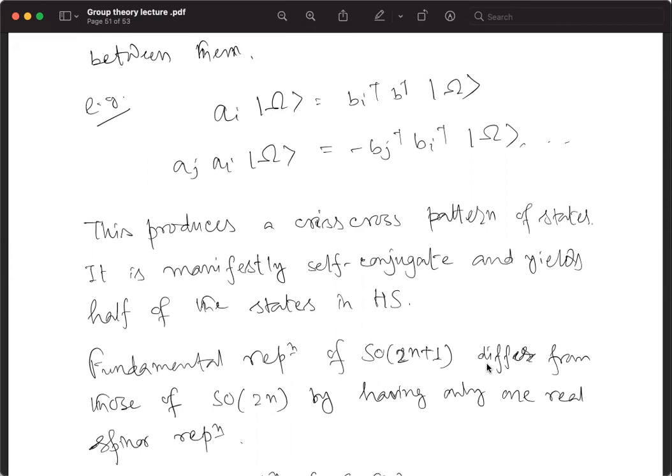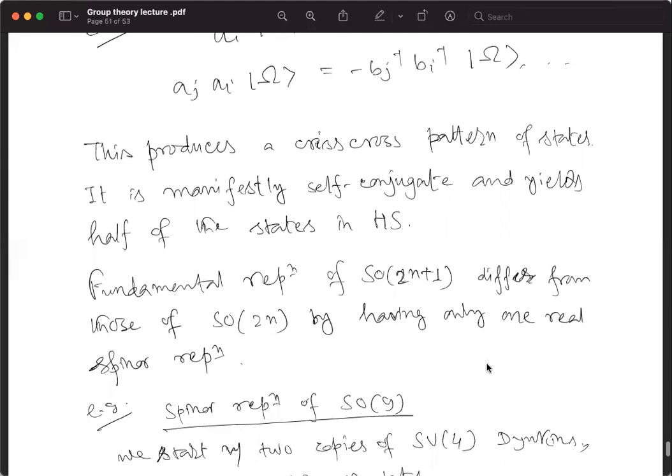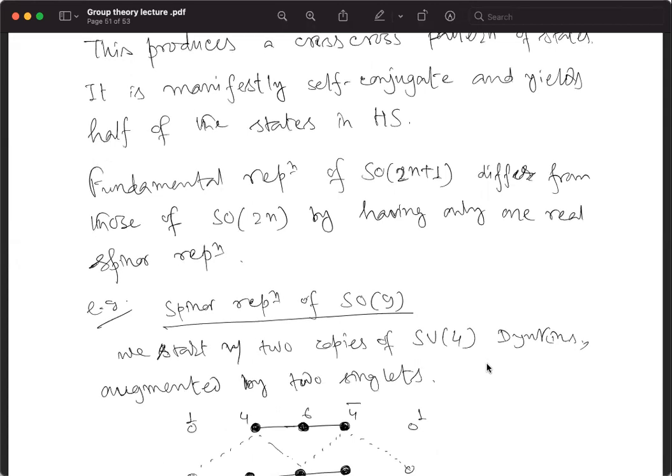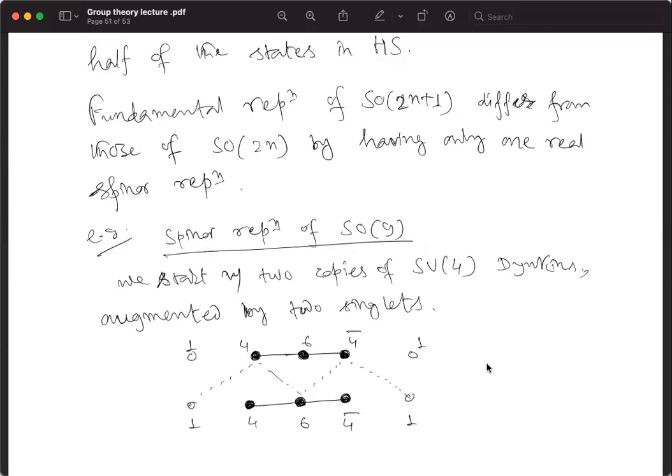The fundamental representations of SO(2n+1) differ from those of SO(2n) by having only one real spinor representation. For example, if we think about SO(9), we start with two copies of SU(4) Dynkin diagrams augmented by two singlets. These are two SU(4) Dynkin diagrams, and there's the singlet state.